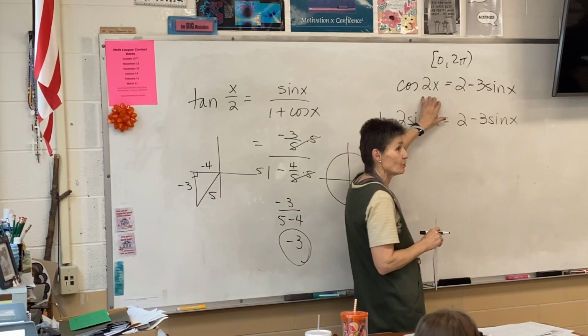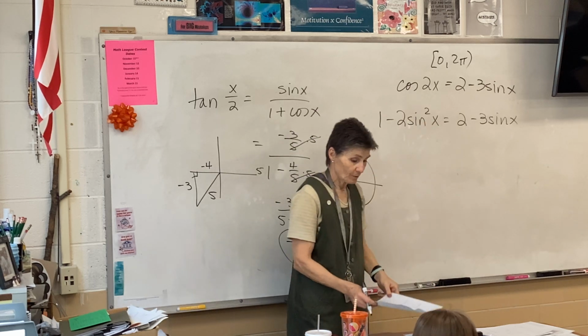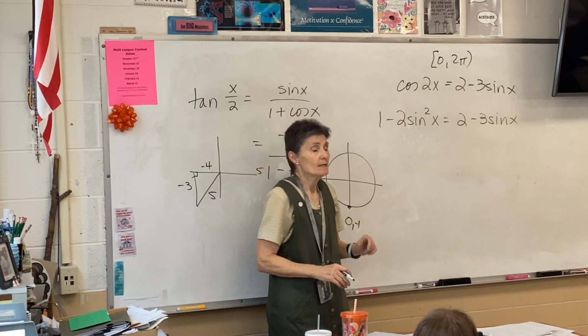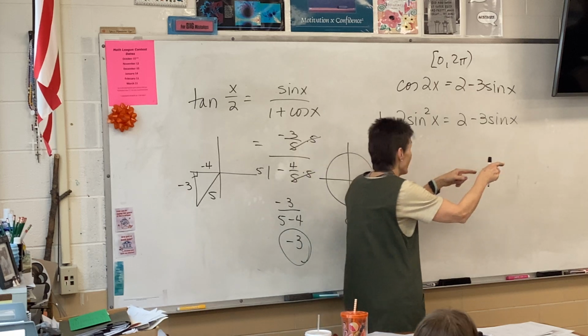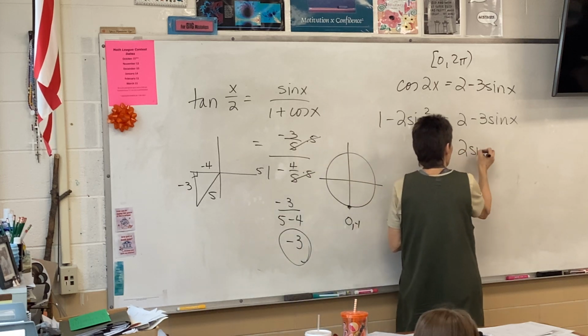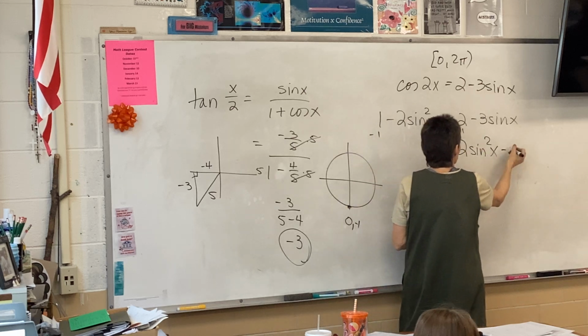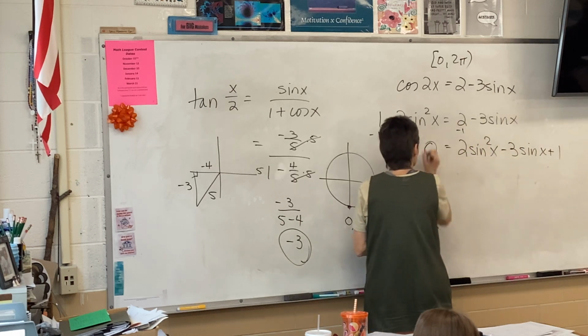So get rid of the 2x. Use your formula. Now what are you going to do? Add the 2 sine x over here. We're going to get everything on one side. It doesn't matter which side, but I'm going that way, because I want to have a 2 sine squared positive, minus 3 sine plus 1.